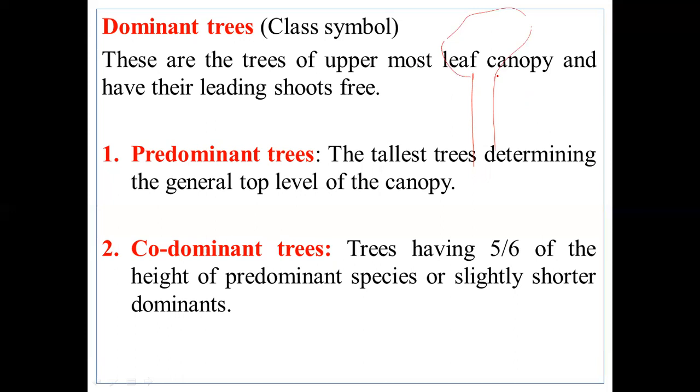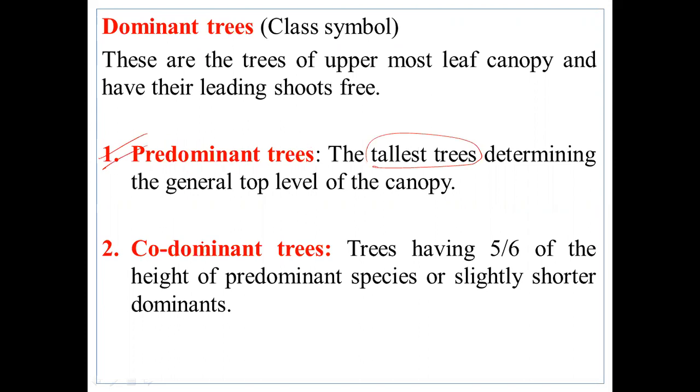That comes under the predominant. This is the basis for the further classification of the other trees, like codominant, dominated, and so on. Please remember, in the exam they will ask which is the tallest tree in the crown classification. That is the predominant tree.